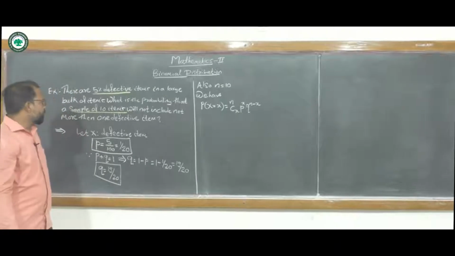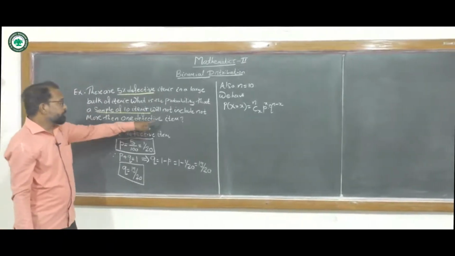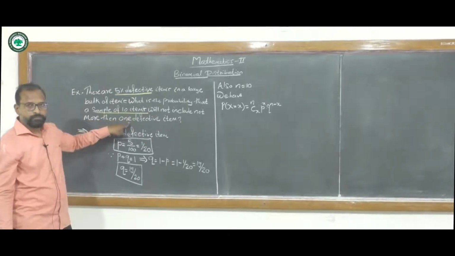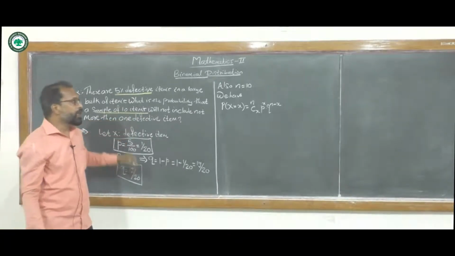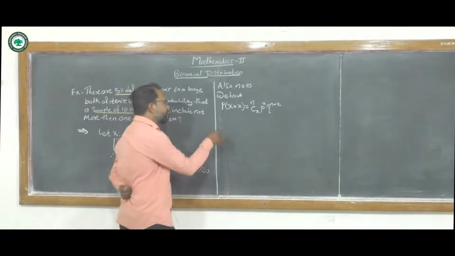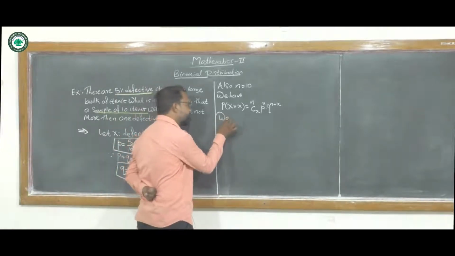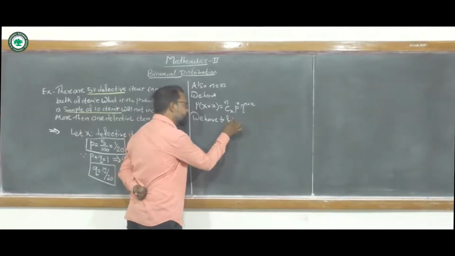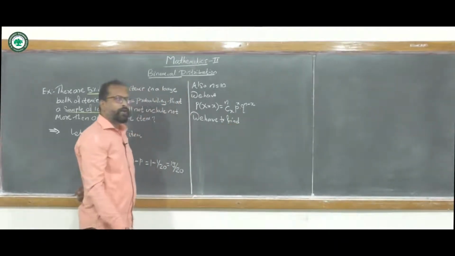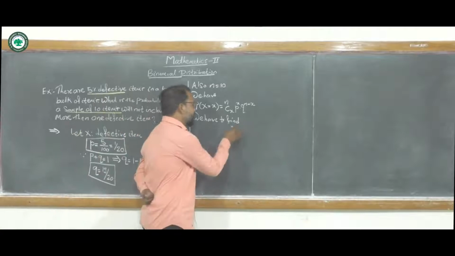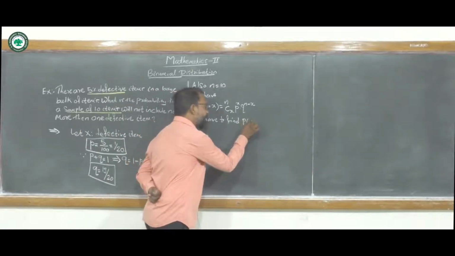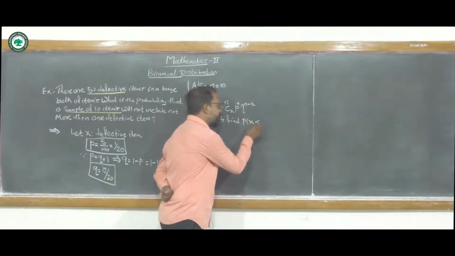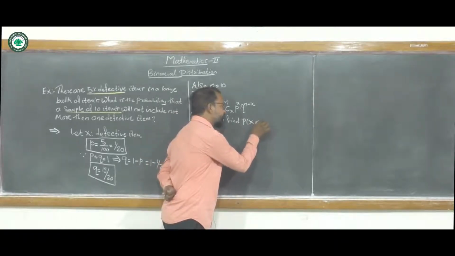Now here we have to find the probability of not including more than one. Not more than one means the probability of X is less than or equal to 1.